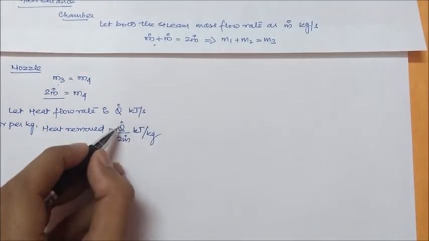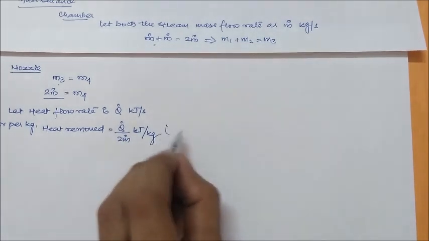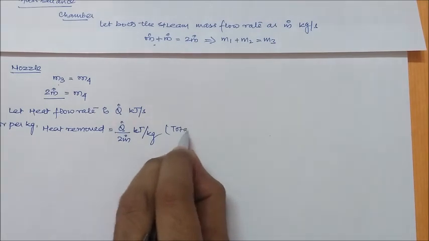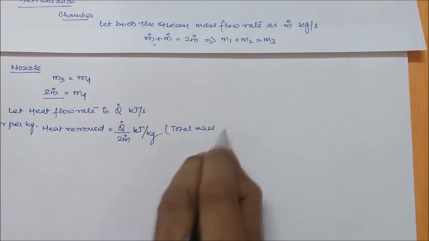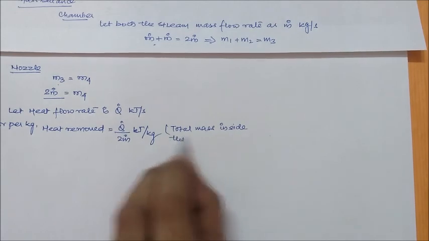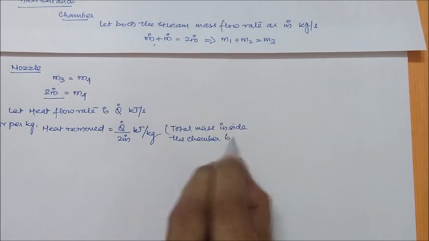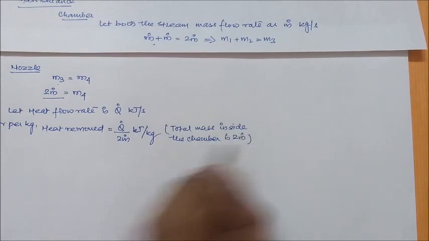Why Q dot by 2 m dot? Why 2 m dot? Because the total mass inside the chamber is 2 m dot.